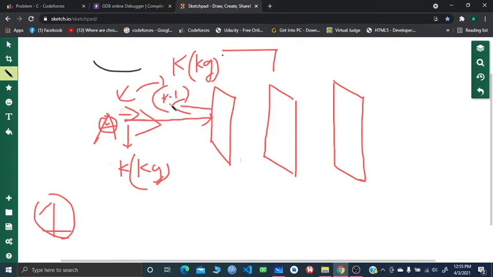The first particle remains as it is, but by going through that first barrier it created another particle of k-1 kilograms, moving in the opposite direction. So if that particle is going to the right, the newly created particle goes to the left.